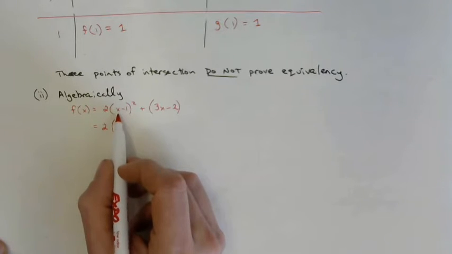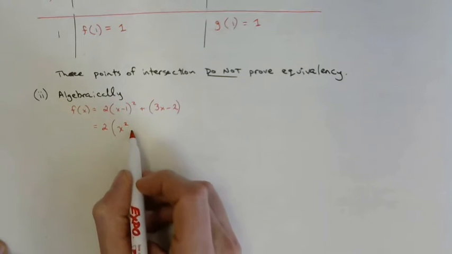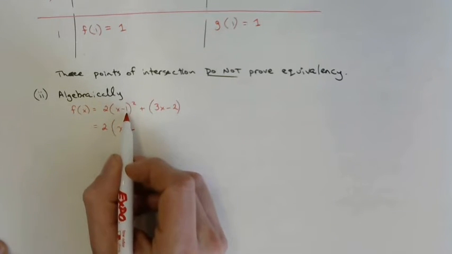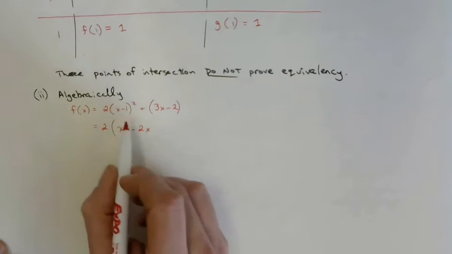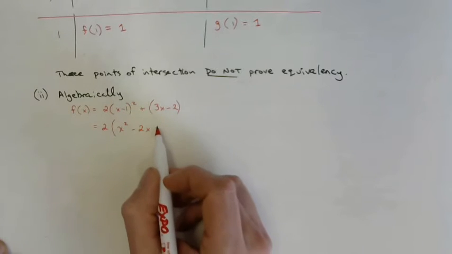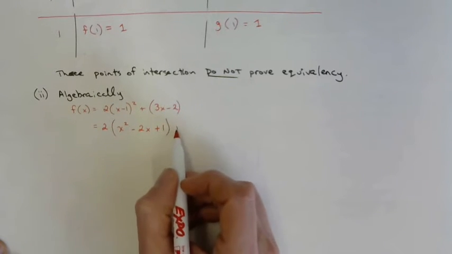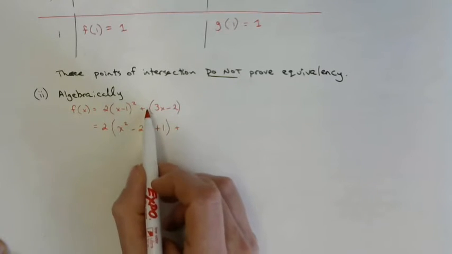So we go a minus b is a squared, which is x squared, minus 2 times a times b, which is 2x, plus b squared, which is 1. Here, it's a positive 1.